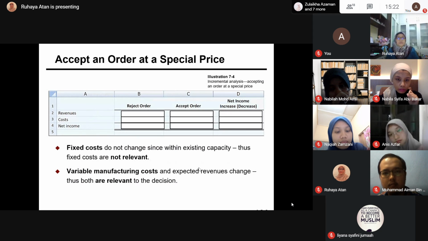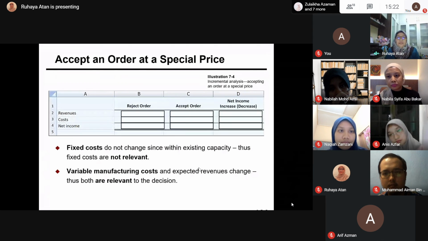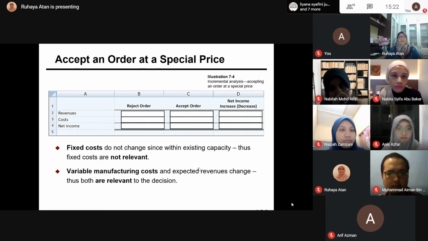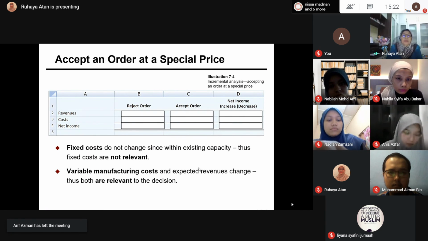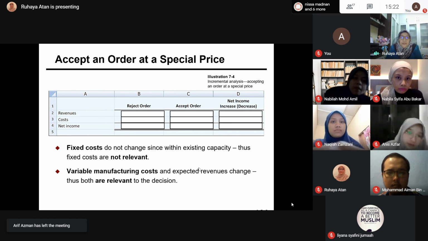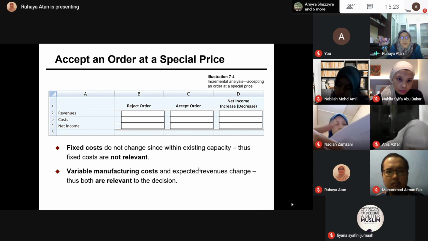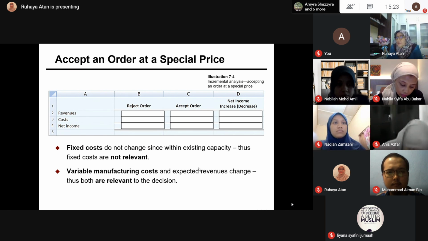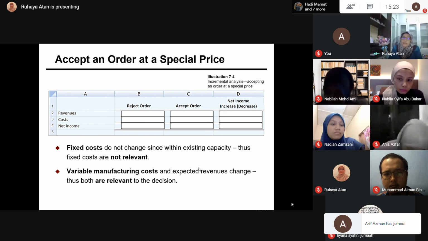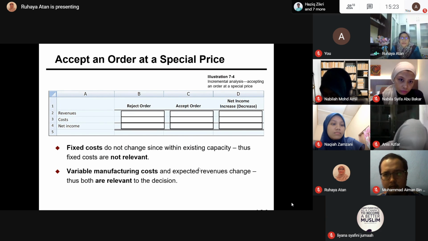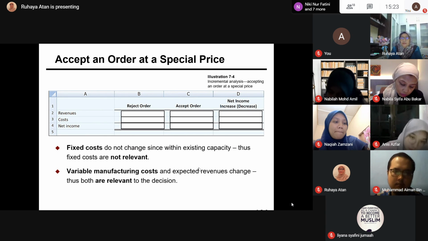Okay, so let's do this. In incremental analysis, normally this is what you do. You look at the options and look at the revenue and the cost, and of course, depending on how much data you are given, you will look at whether it is a variable cost or a fixed cost that's involved.